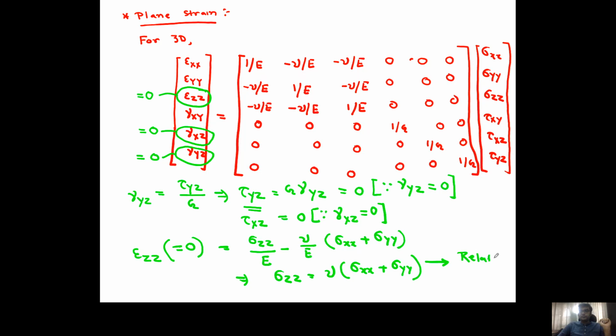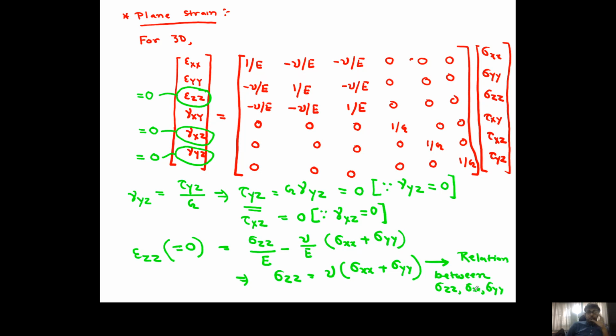So this is the relation between the three components.